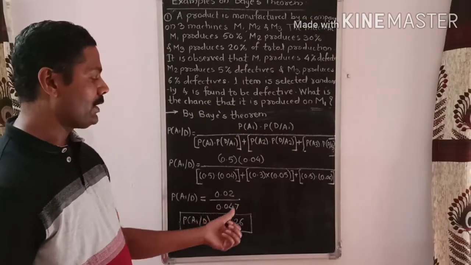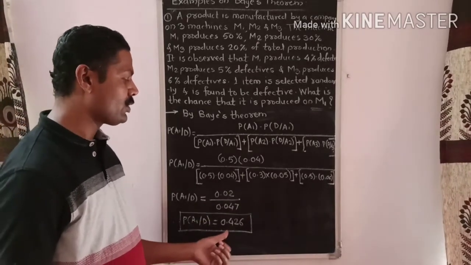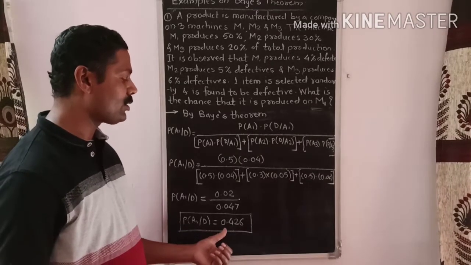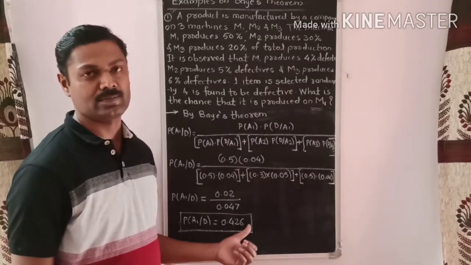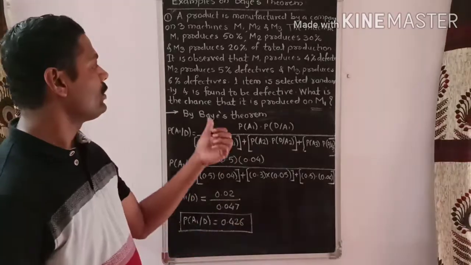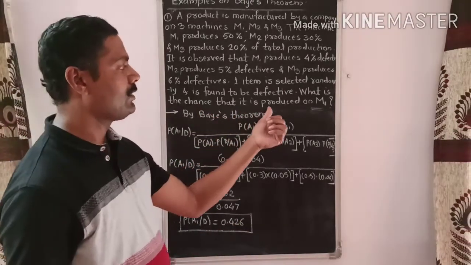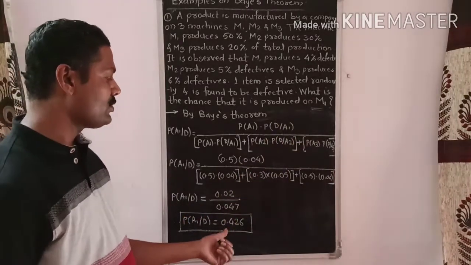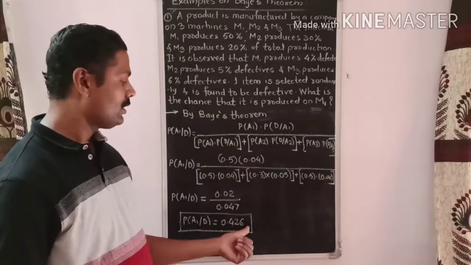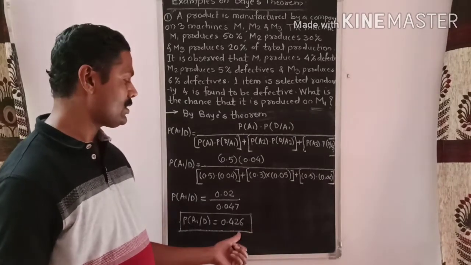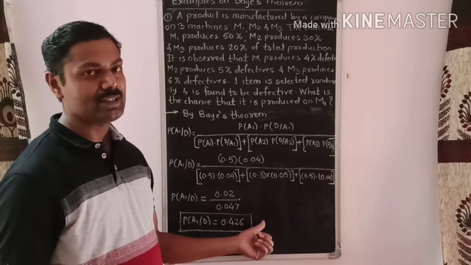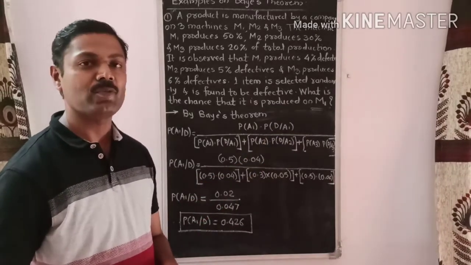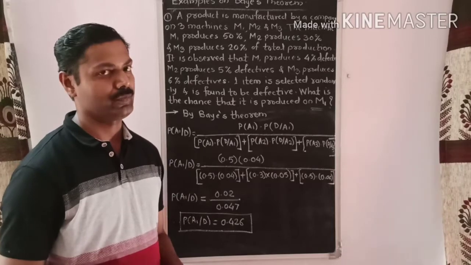By simplifying this, we have 0.426. So P of A1 upon D is 0.426. So the chance that it is produced on machine M1 and is defective is 0.426. It means there is a 42% chance that the item is produced on machine M1 and is defective.